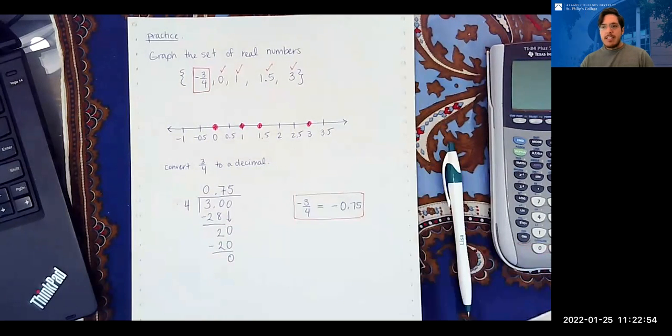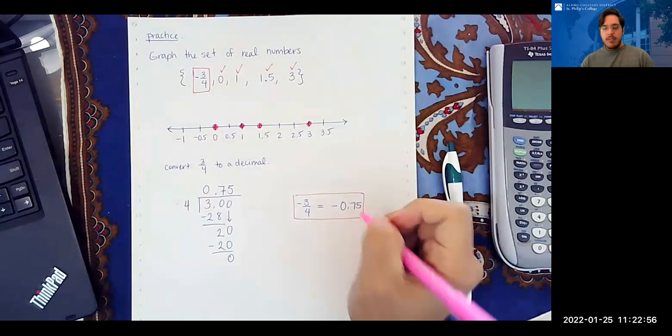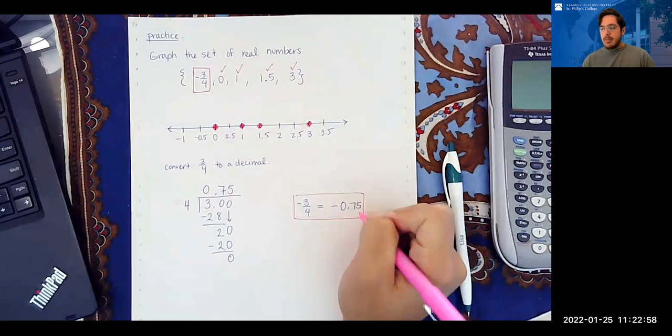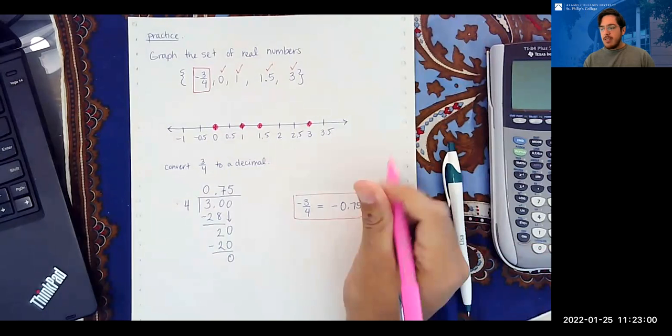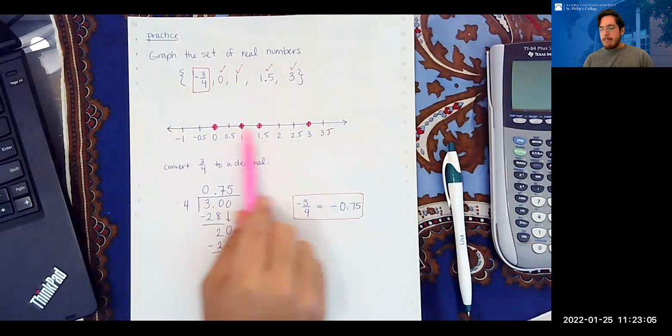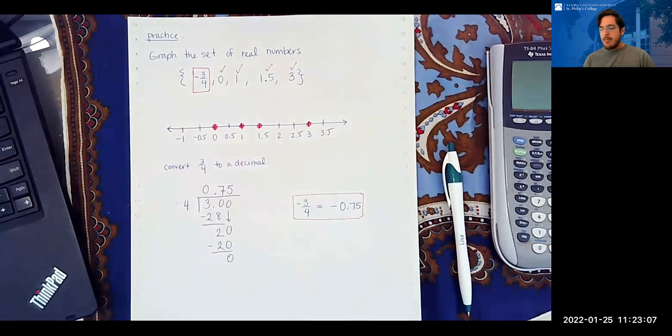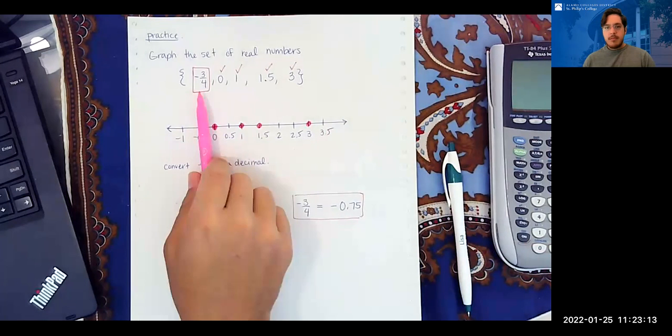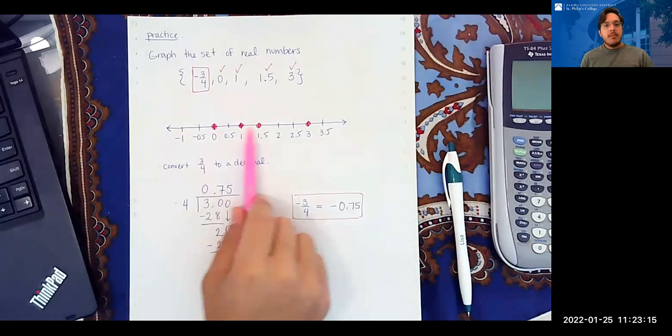So if I have this decimal representation now, can somebody direct me to where this belongs on my number line? Where would I put this dot? The 1 and the 0.5.